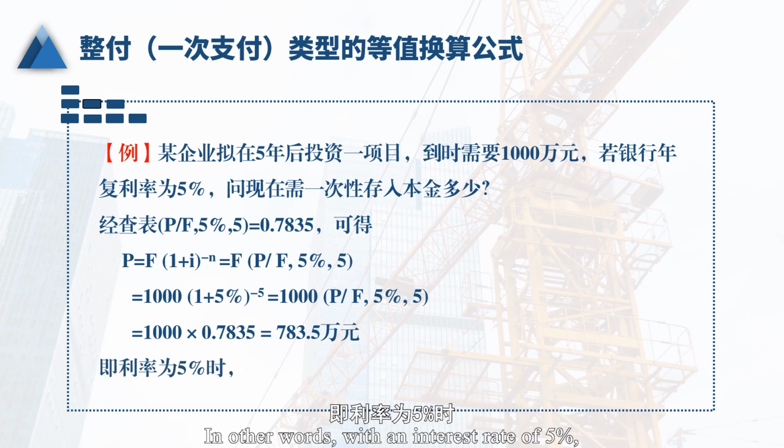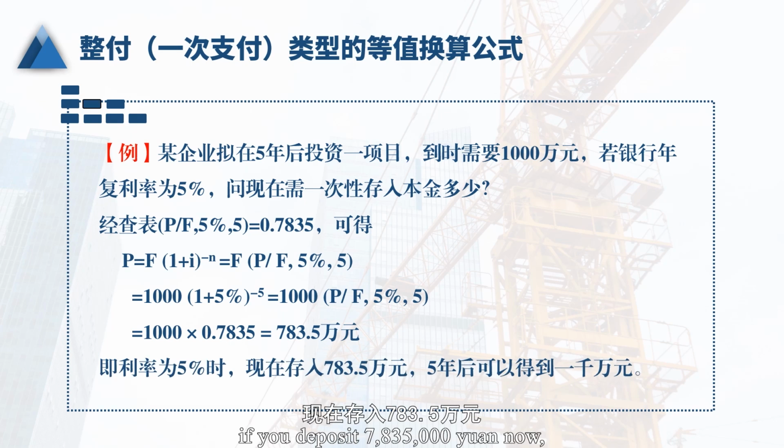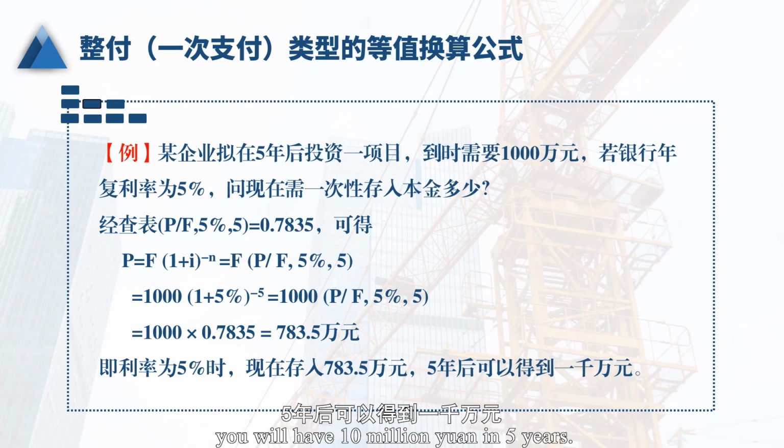In other words, with an interest rate of 5%, if you deposit 7,835,000 yuan now, you will have 10 million yuan in 5 years.